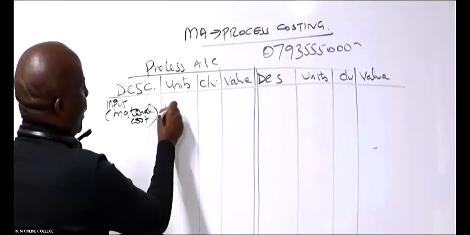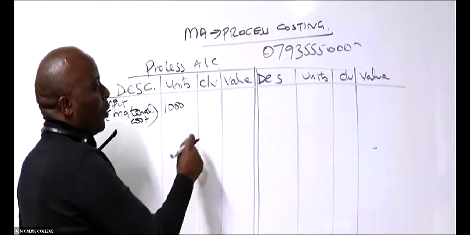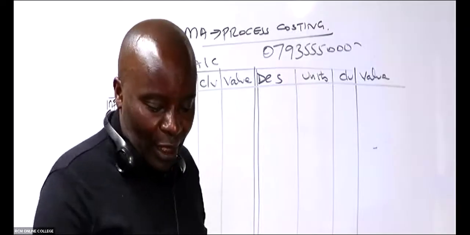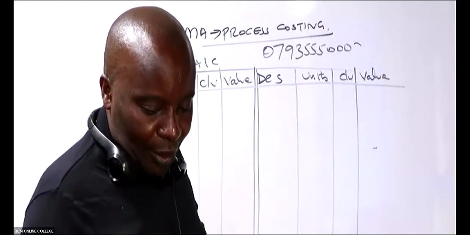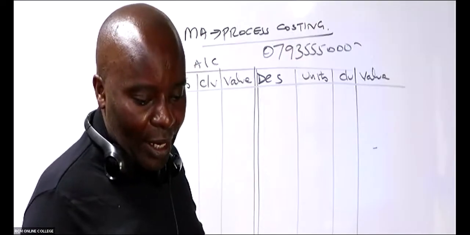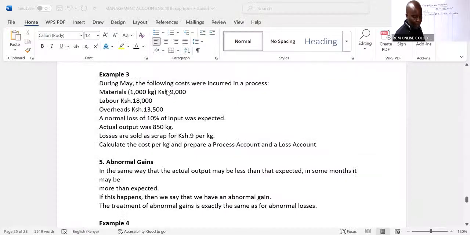So 1,000 units. What is the total value of these 1,000 units? You can see they are here, costing 9,000. The value is 9,000.